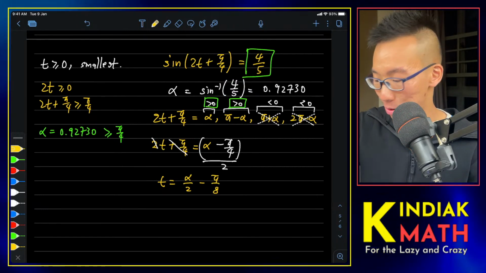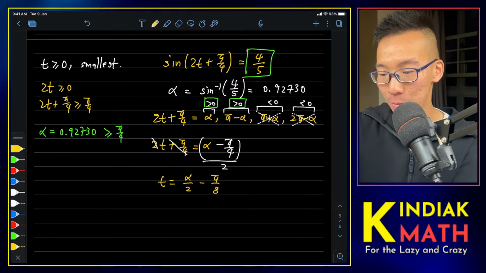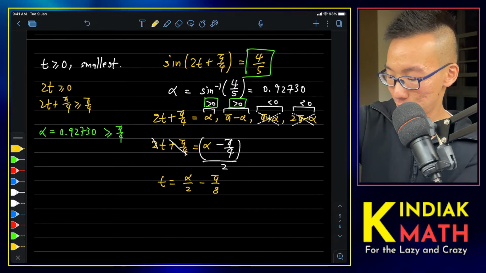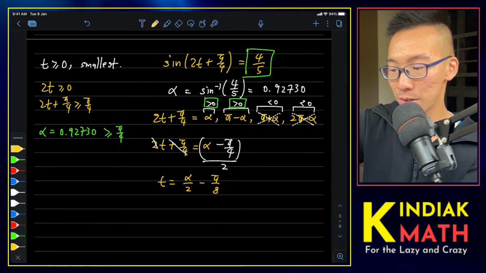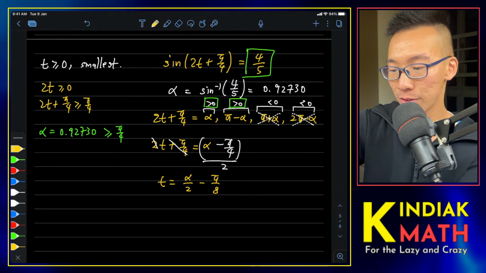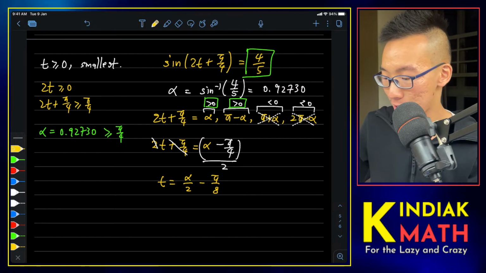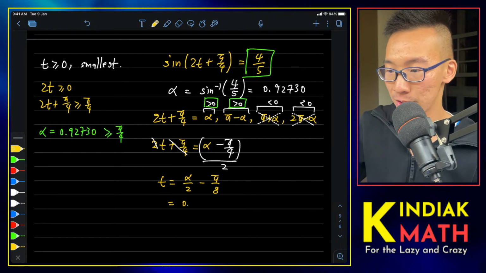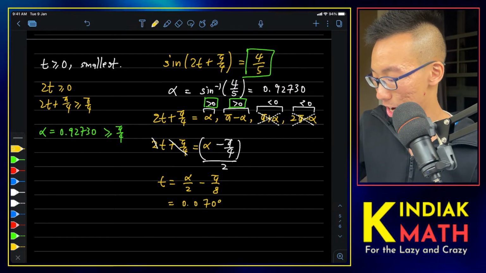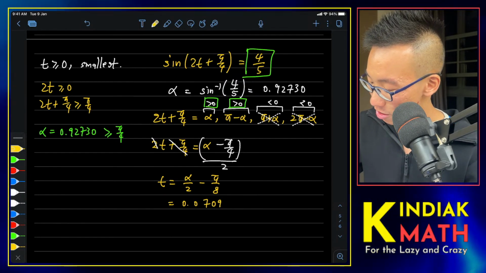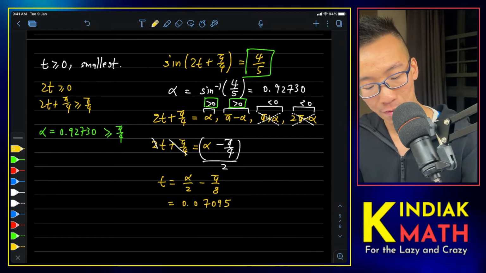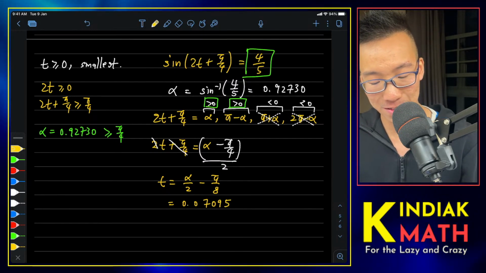Unfortunately, I need my calculator to calculate this, so it's 0.9273 over 2 minus pi over 8. The answer over here is going to be 0.07095, which is a rather short amount of time before the youth starts screaming.